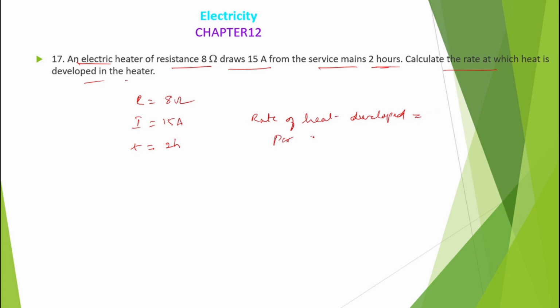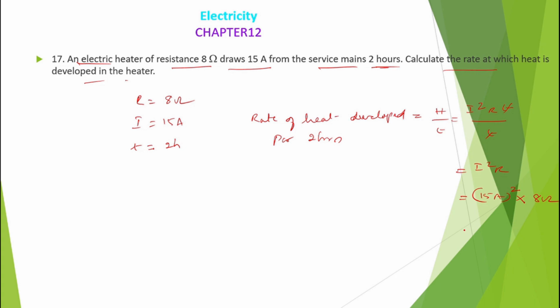per 2 hours. So that means heat divided by time. So H, we know that H is I square R into T, divided by T. So T cancels. What is left? I square and R. So I he has given 15 A whole square into R he has given 8 ohm.